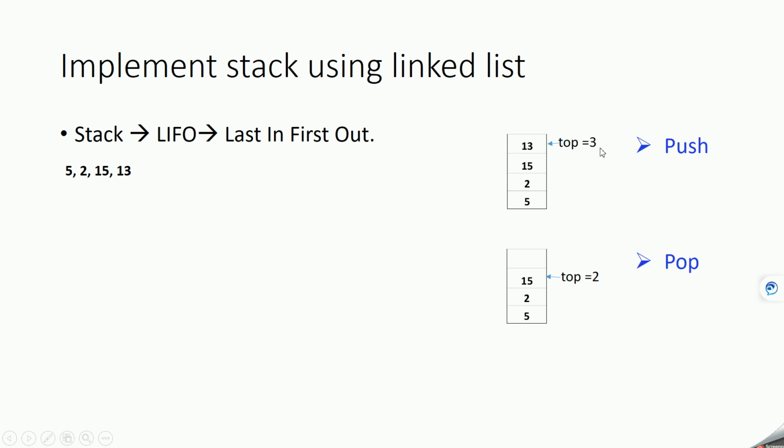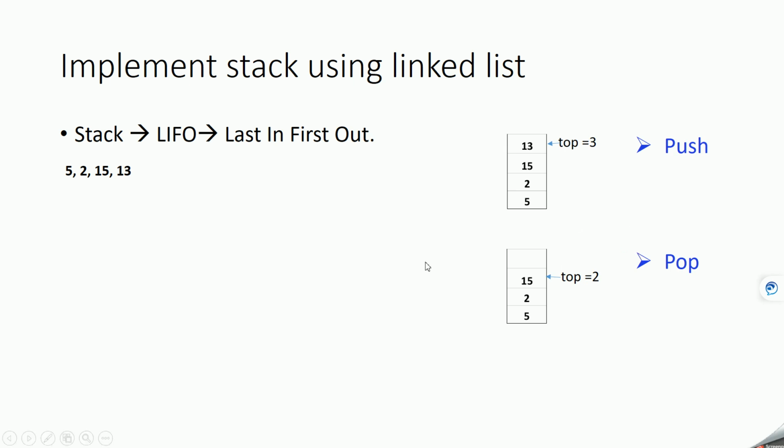If you observe here, this 13 was added last, but while deleting we are deleting it first. Because of this behavior, stack data structure is called last in first out data structure, because we are deleting the data which was added last, first.